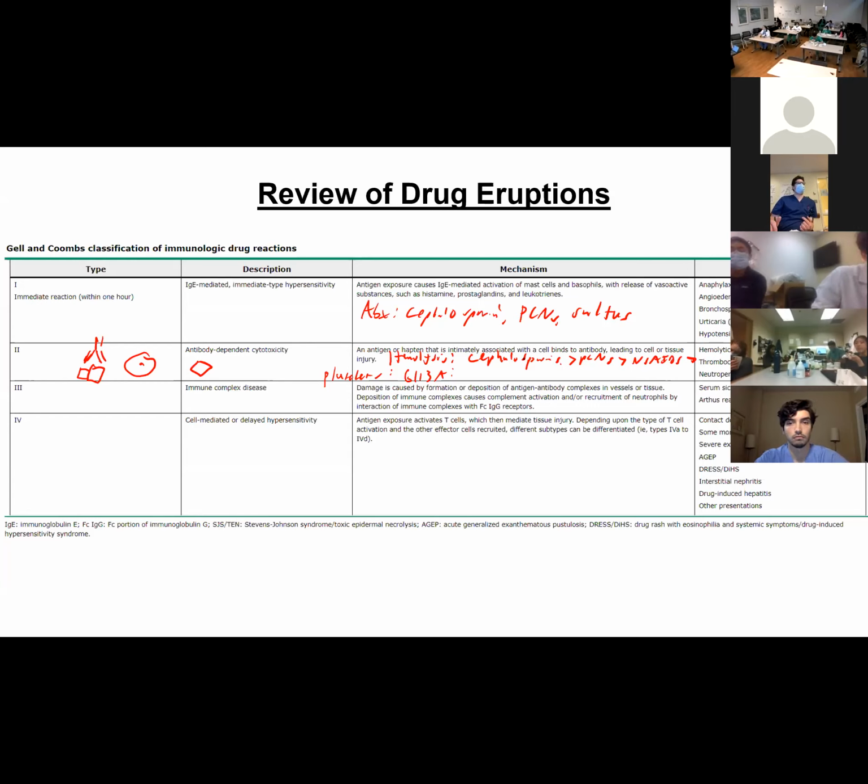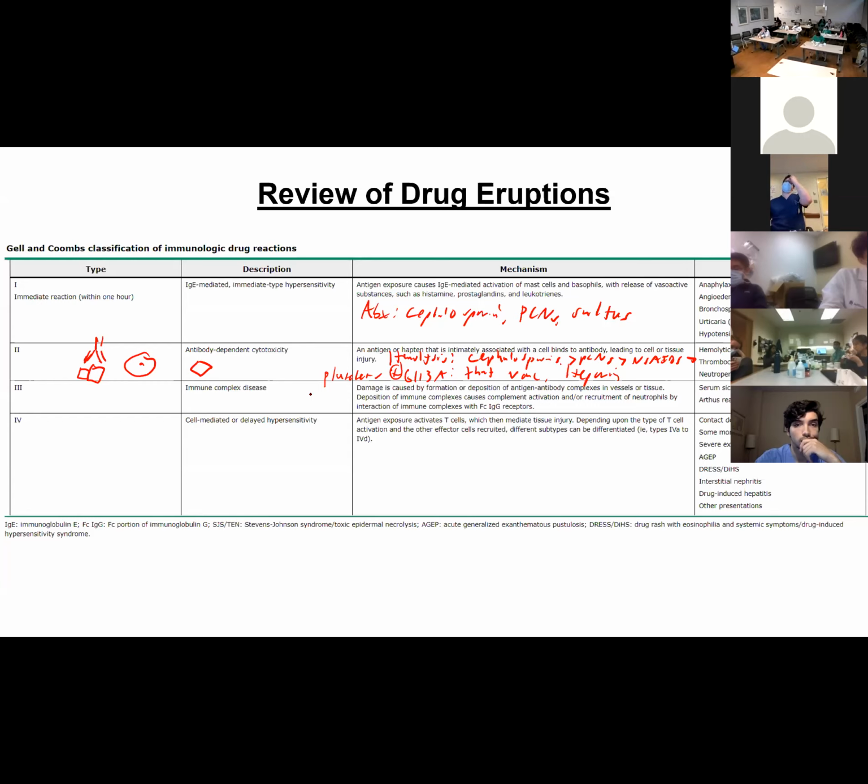For drug-induced ITP or drug-induced thrombocytopenia, the ones you're going to worry about are all of those, plus the GP2B, 3As, vanc, and heparin. So definitely something to worry about whenever you see hemolysis or ITP. Look at the drug list, see if any of the medications they're on are common offenders, and have that on your differential for whether you need to stop that medication.